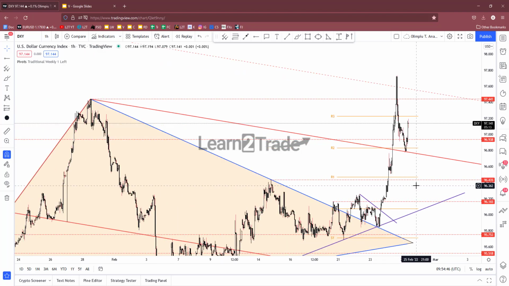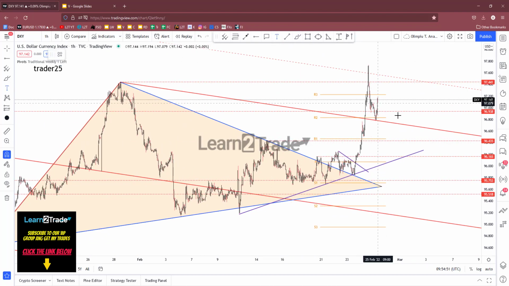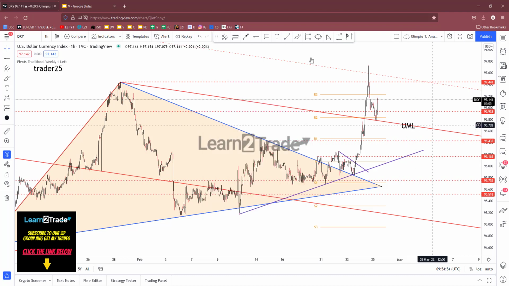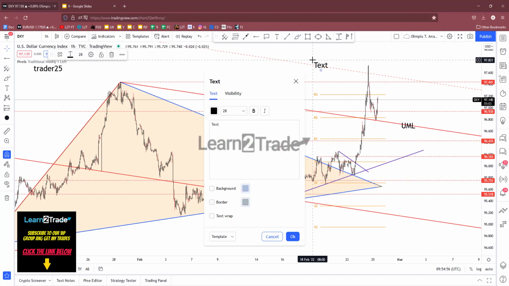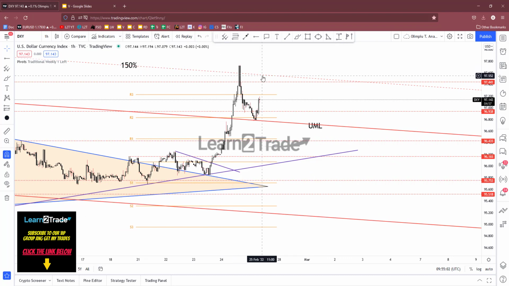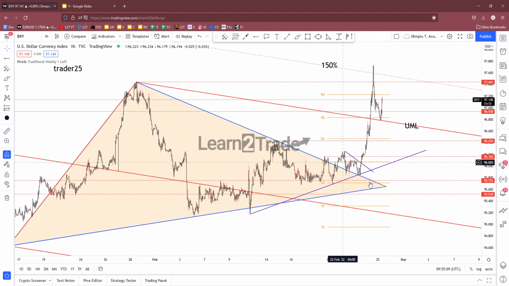But right now you can see that it has reached the upper medium line of the descending pitchfork, this line here. So this is the upper medium line, and personally I have here the 150% Fibonacci line as dynamic resistance. You can see only a false breakout above the 150% Fibonacci line, above 97.44, because we have this former high here. So in the short term, a temporary drop.